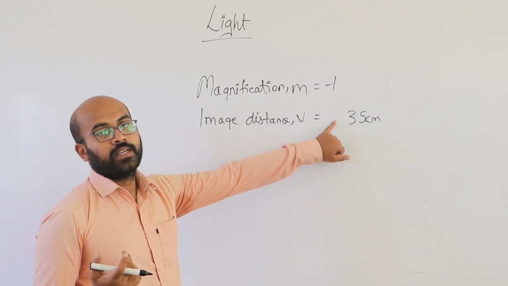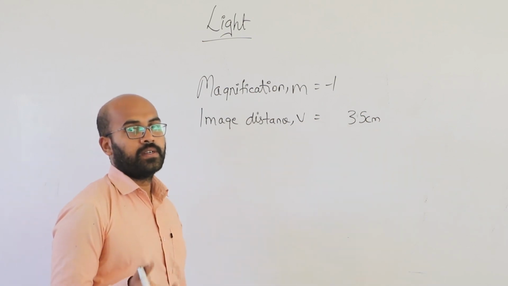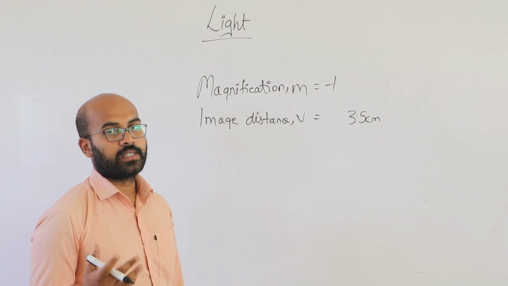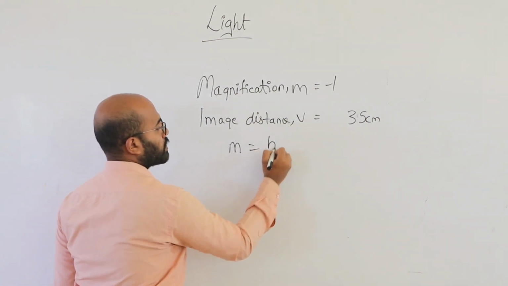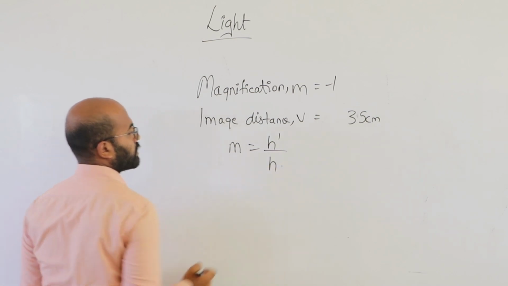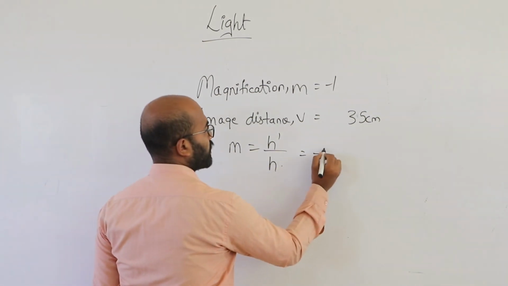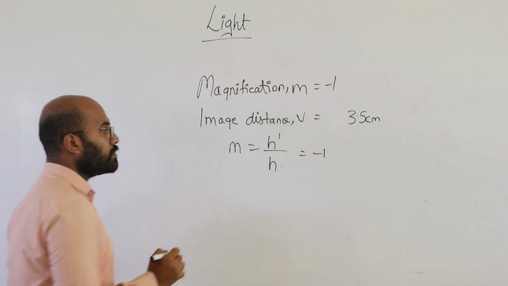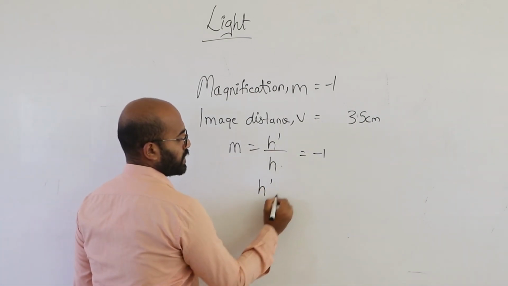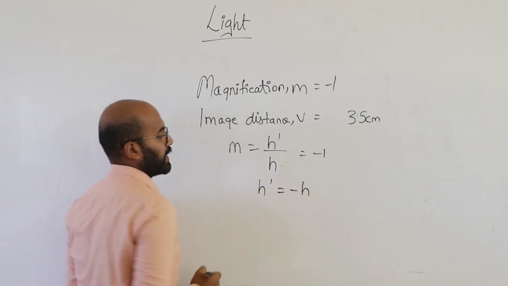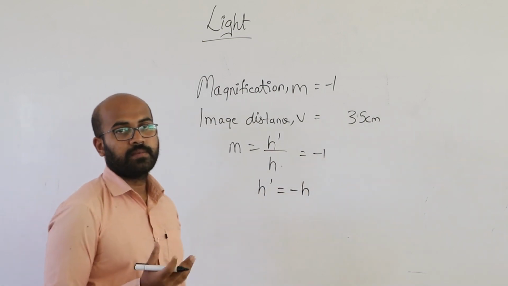Before writing whether it is positive or negative, we need to find whether it's a concave lens or a convex lens. So magnification is h dash by h. So what is the value that they have given? It is minus 1. So it means that h dash is equal to minus h. So what does this mean?